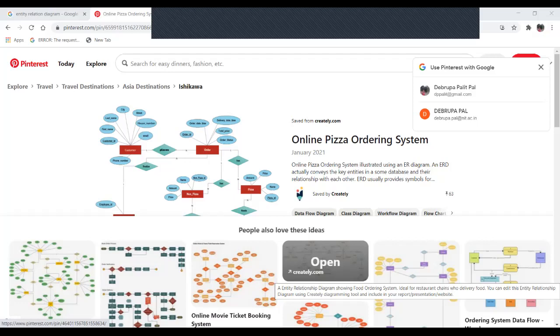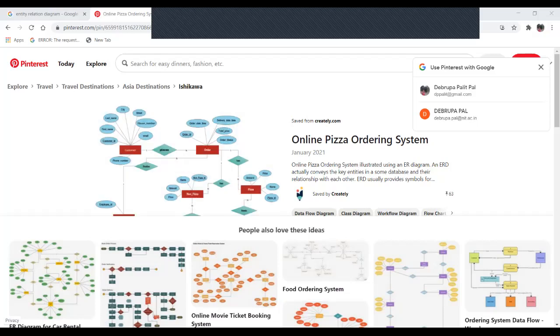But the good practice is don't repeat the relationship names unless it is very much essential. Please try to give some another name. We know that order will have two types. One is of pizza item and another will be of non-pizza item like cold drinks and all. But still try to avoid giving the same name to the same relationship.